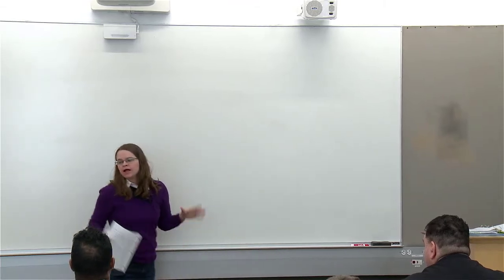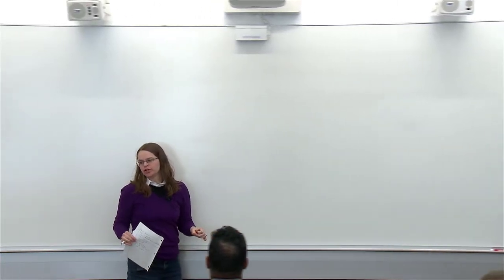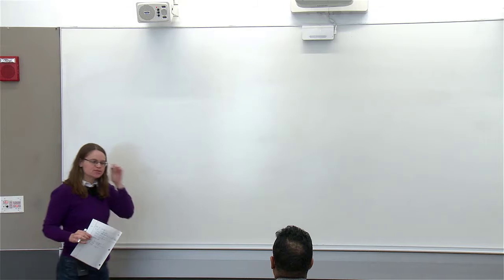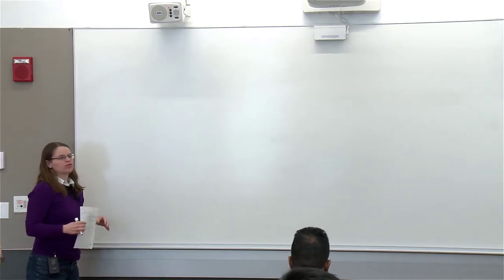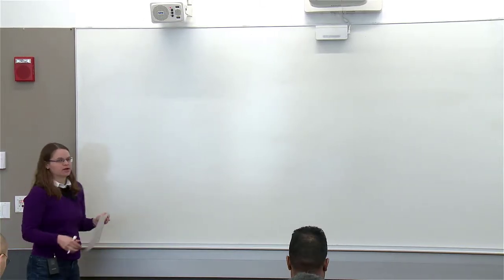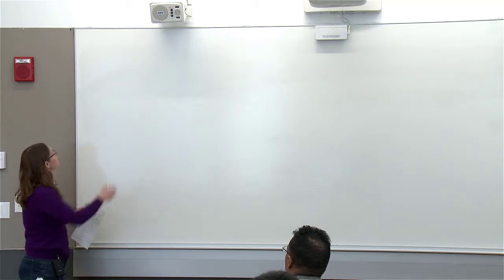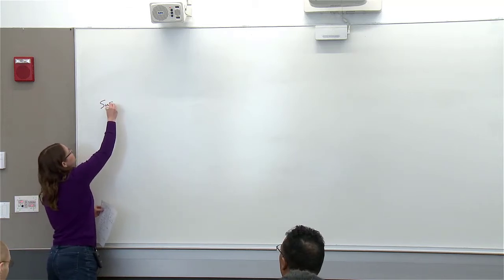Finish up root finding today, and we're going to finish up with talking about systems of nonlinear equations. So instead of one equation in one unknown, we've got n equations in n unknowns. So we're doing systems.